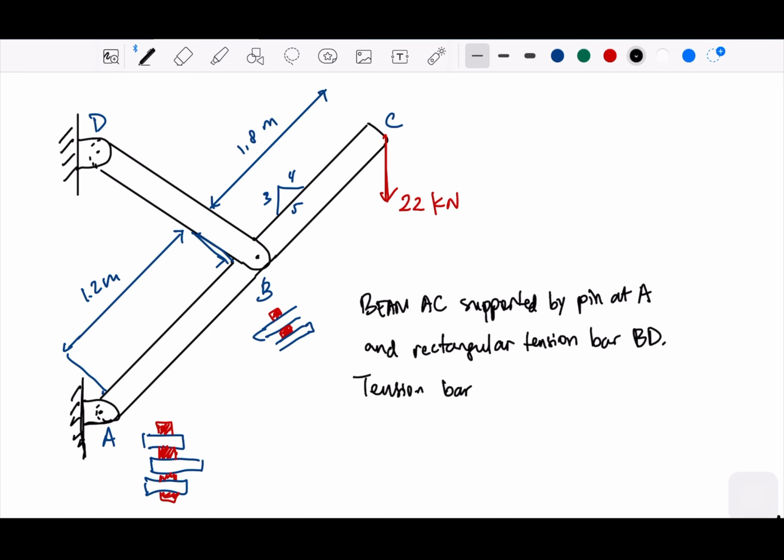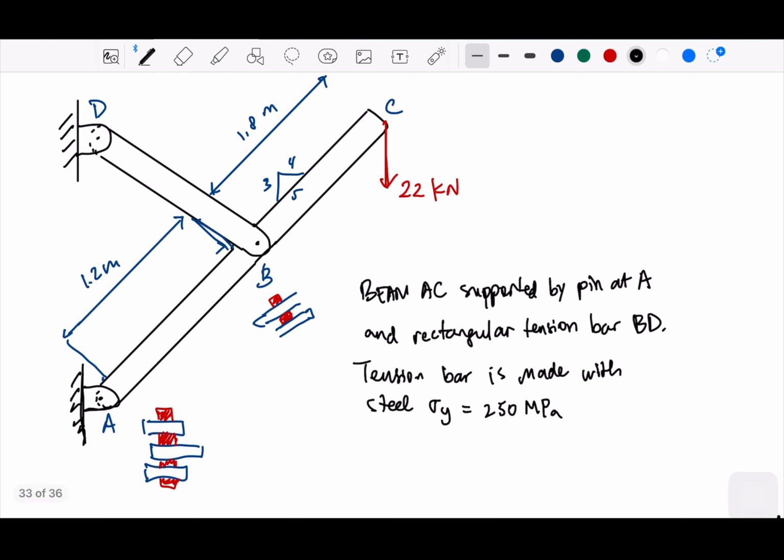Maybe just write the question first, and then I think we can finish on Friday. Tension bar is made with steel with a sigma yield of 250 megapascal, and pins at A and B have a shear yield of 330 megapascal.